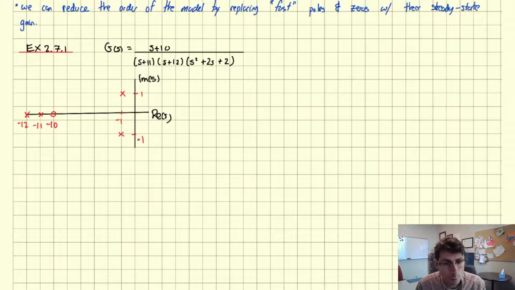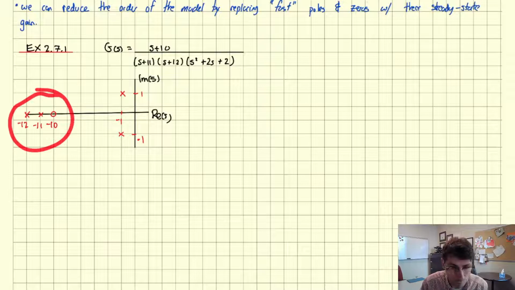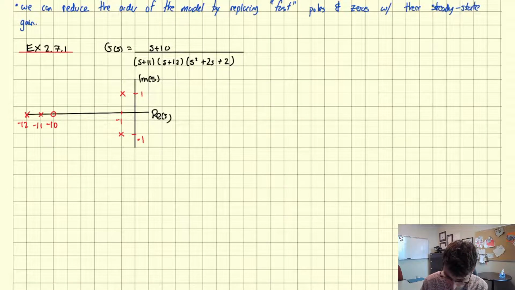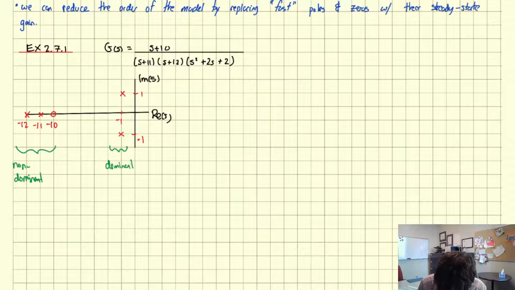Okay, so repeating the question, we're going to call these the fast or non-dominant, and we'll call these the slow or the dominant poles. The terminology you might also see is that these are the non-dominant and these are the dominant. Okay?